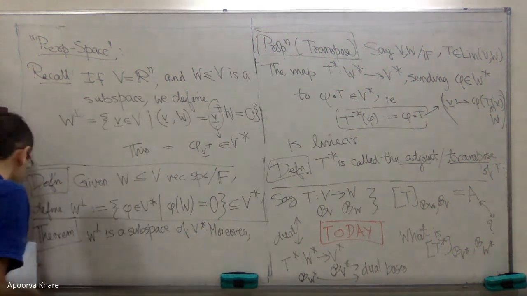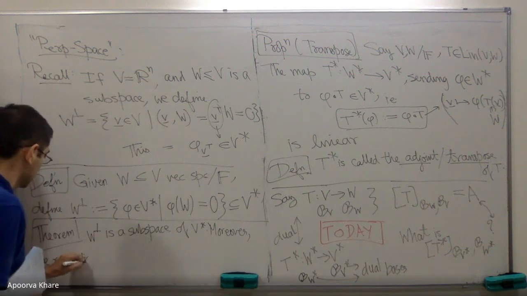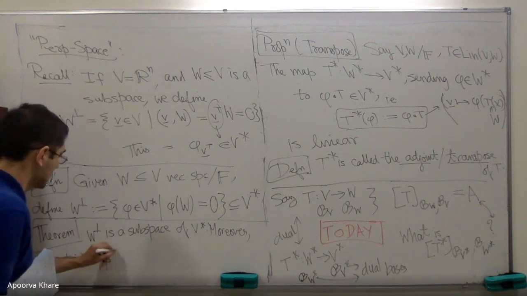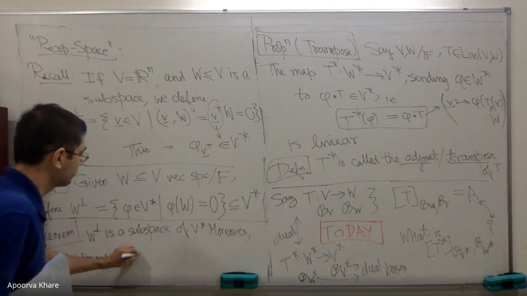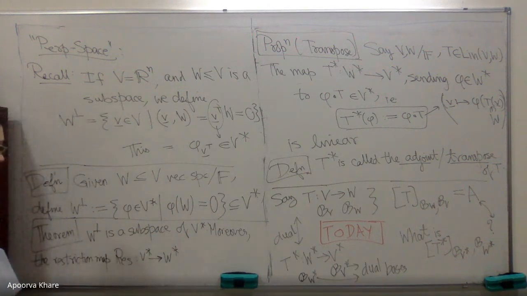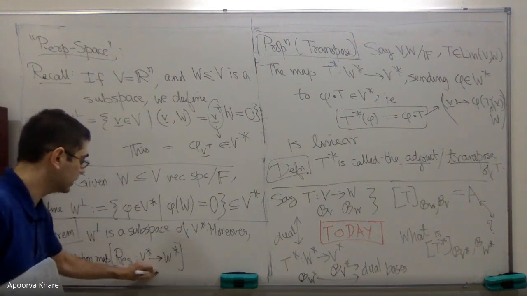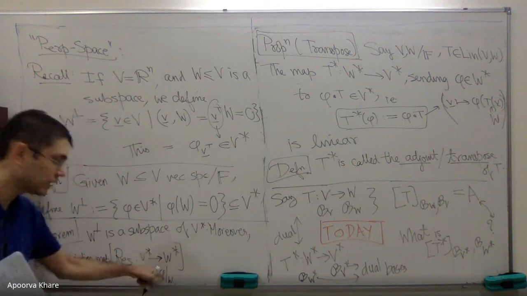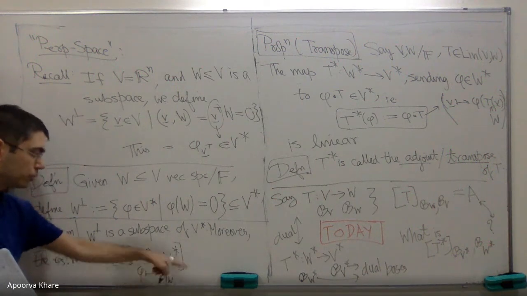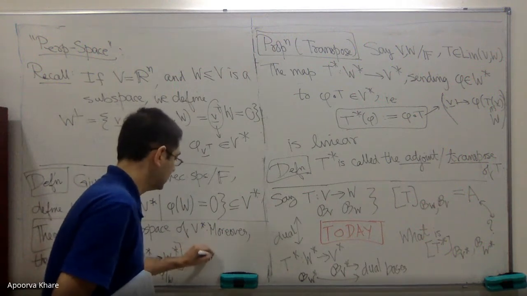Moreover, the restriction map, which I'll call res, from V star to W star, just says: take phi, a linear functional, and look at phi restricted to W. It still is a linear function from W to the field. The restriction map is linear.